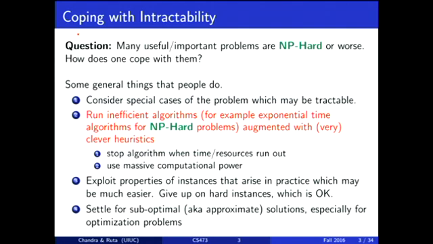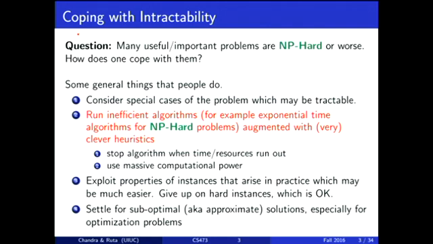So that's one general idea of how to deal with difficult problems. But in practice, what most of the time people do is they either use some inefficient algorithm or some heuristic. What is a heuristic? It is an algorithm which doesn't have very good guarantees on its performance, but it does something and it works on some subset of the instances.